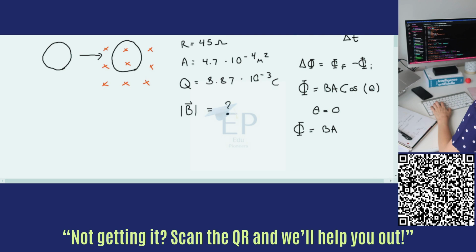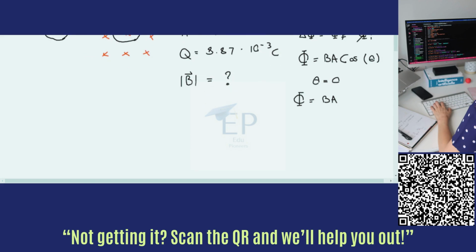And initially, our flux is going to be 0, right? Because we start off in a region where there's no field at all. And so our final flux is just going to be the strength of the field times A, BA. So if we substitute that into Faraday's law, we'll have that the induced EMF is equal to minus BA divided by delta T.